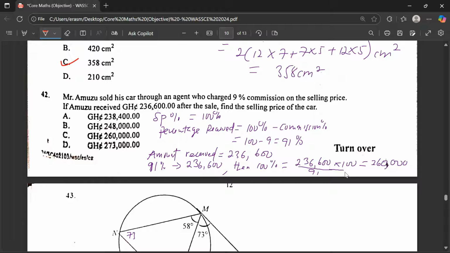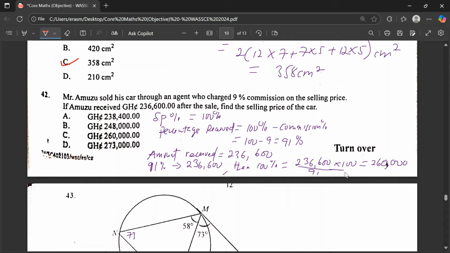Now, percentage received is what? 100% minus commission percent, right? And that is going to be 100 minus 9, the commission is 9%, and that equals 91%.